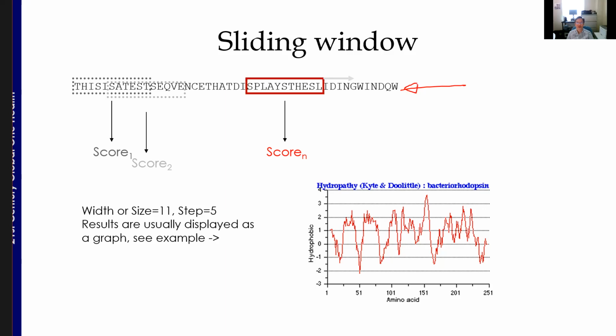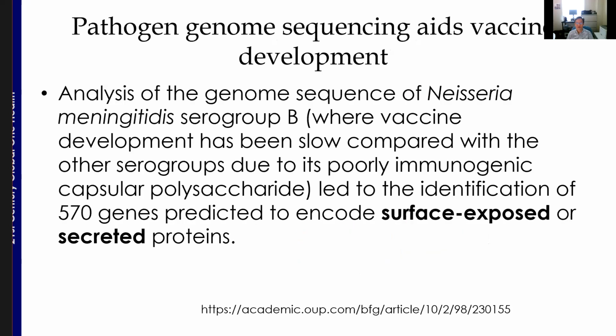Using a sliding window, you compute the score, then you move to another window and compute the score again. In this case it is a hydrophobicity score, and you can tell which regions are more hydrophobic in the protein sequence. And with this analysis, for example, if you can predict the surface exposed portion of the protein, you may use that information to help develop a vaccine.